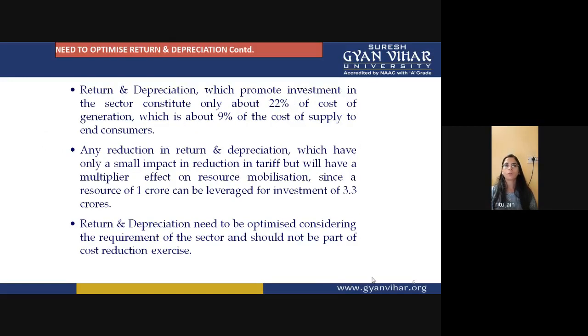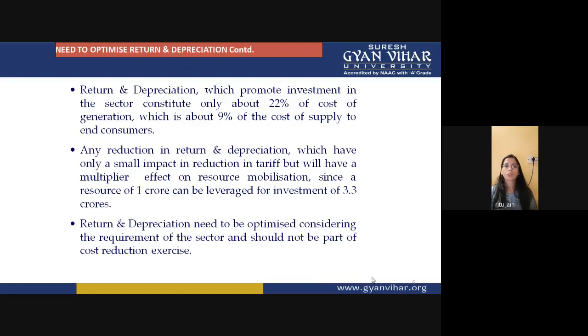So, the need to optimize return and depreciation, continued. Return and depreciation, which promote investment in the sector, constitute only about 22% of the cost of generation. 60% is due to fuel, and return and depreciation is 22%, which is about 9% of the cost of supply to end consumers.